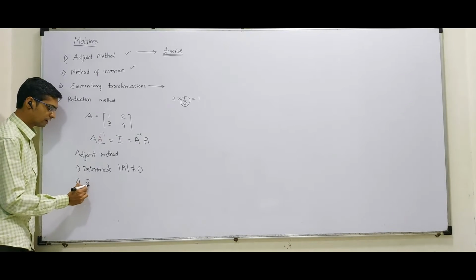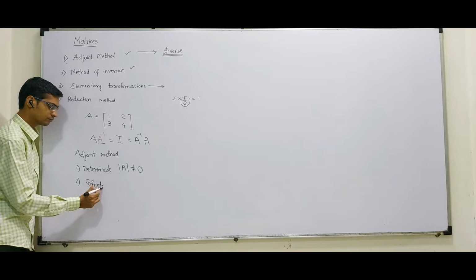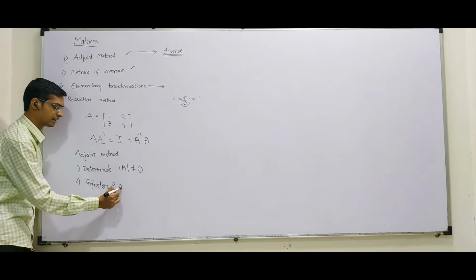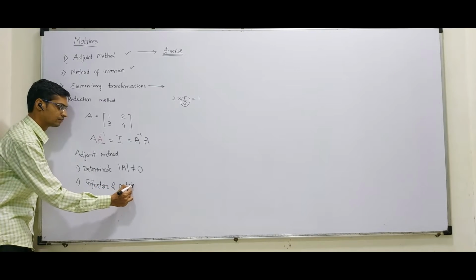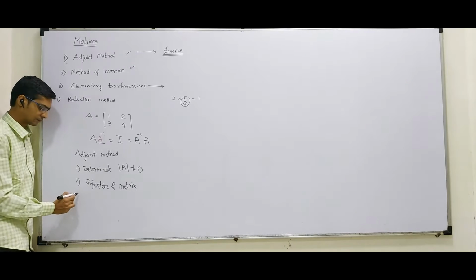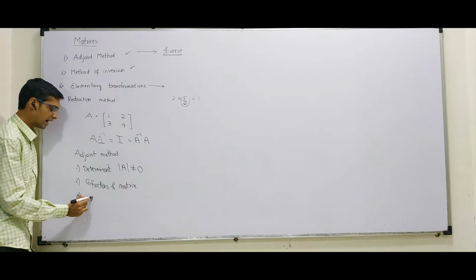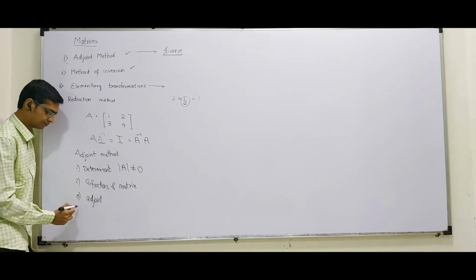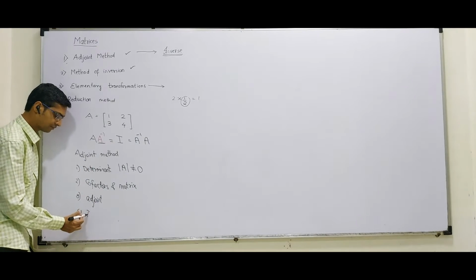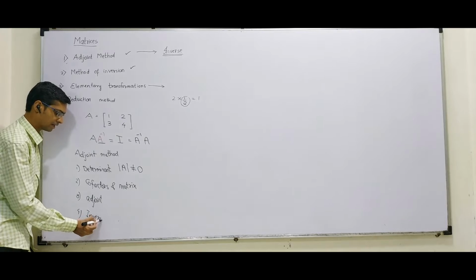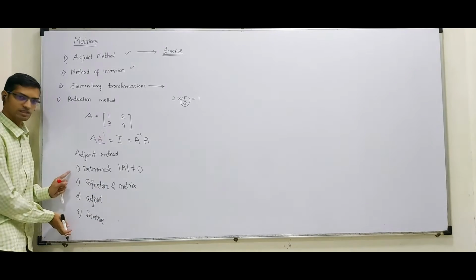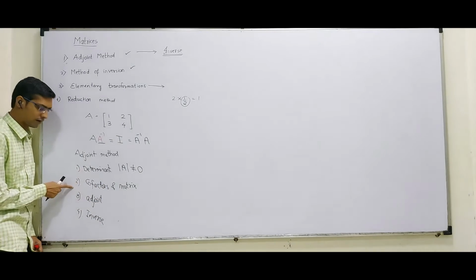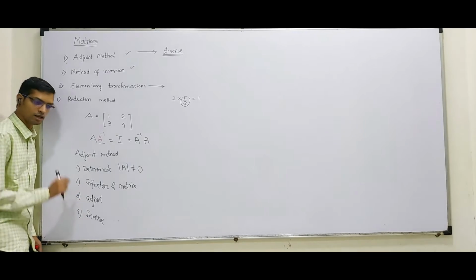Second, you will find cofactors and its matrix. Third, you will find the adjoint. By the name itself, adjoint निकालना पड़ेगा. And last, you will find the inverse of that matrix. So 4 steps: determinant, cofactors, adjoint, inverse.